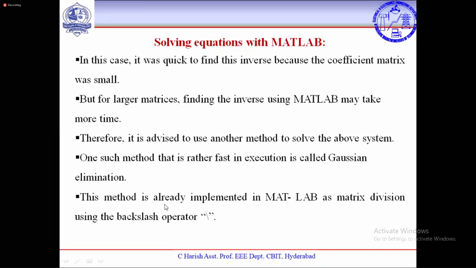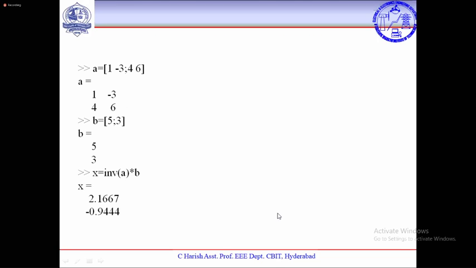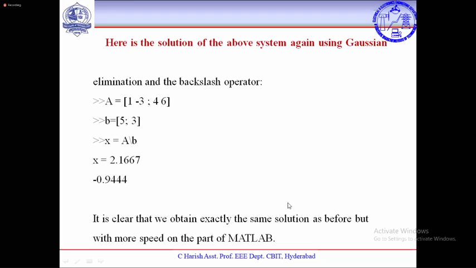This method is already implemented in MATLAB as matrix division using the backslash operator. So we are going to use the Gauss elimination method, but for that we are going to use the backslash operator, which by default uses the Gauss elimination method.